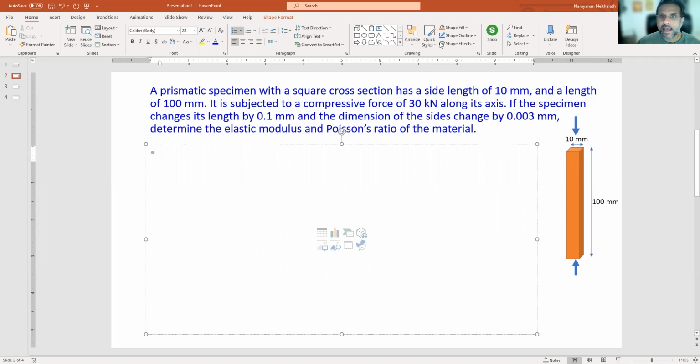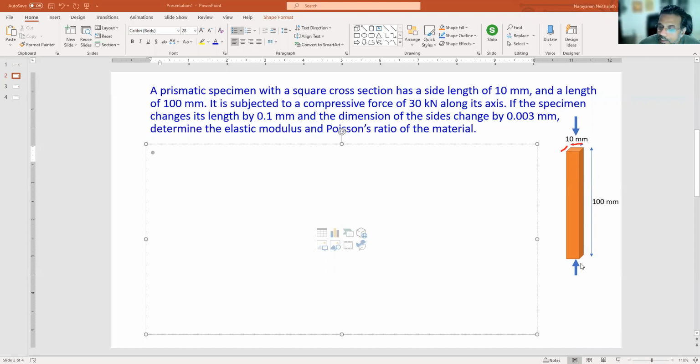So this is 10 millimeter. This also is 10 millimeter because it's a square cross section, and a length of 100 mm. It is subjected to a compressive force of 30 kilonewton along its axis. If the specimen changes its length by 0.1 millimeter.